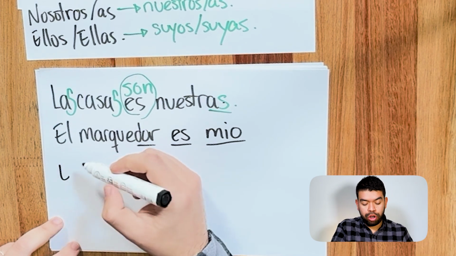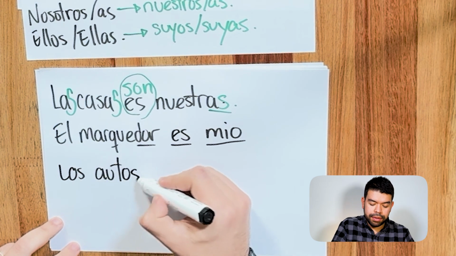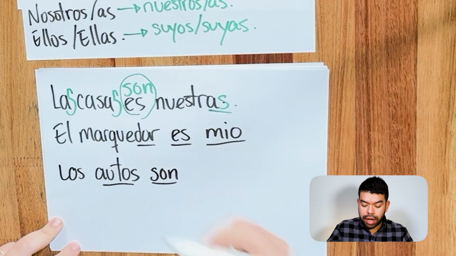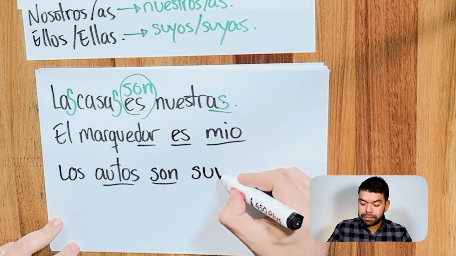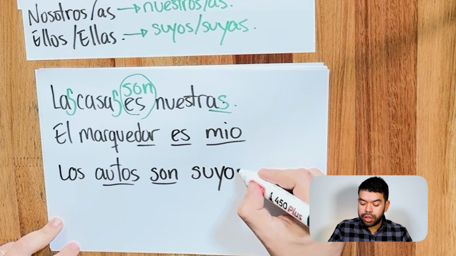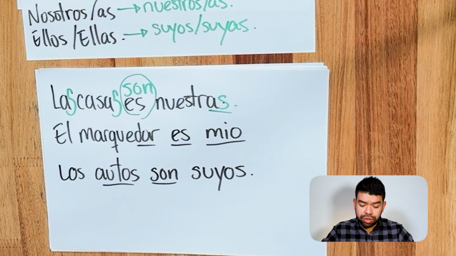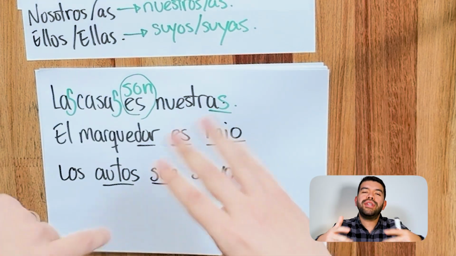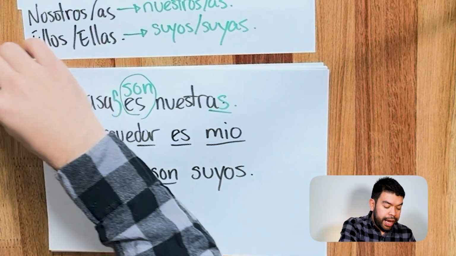Let's talk about los autos, the cars, right? Los autos son suyos. Basically, the cars are theirs. We're talking about a group of people. We will need more context, but it is how it is, right?